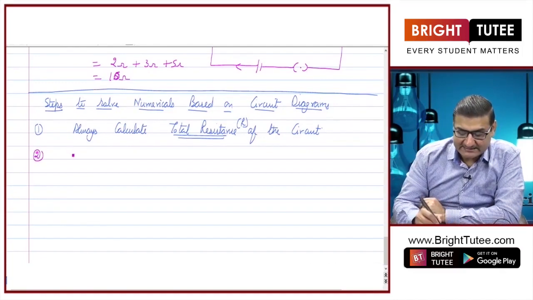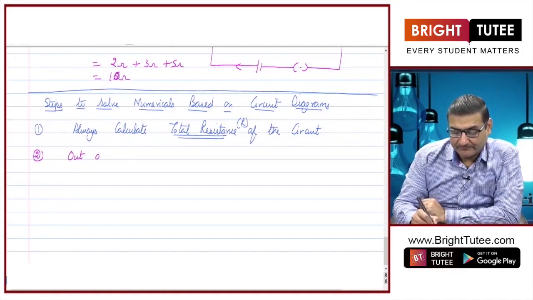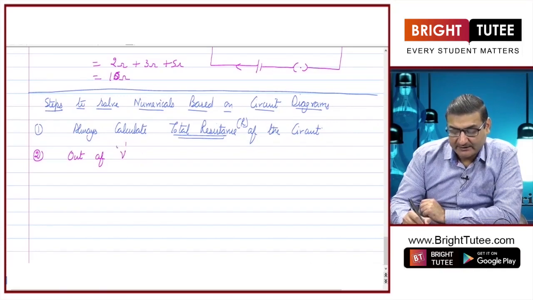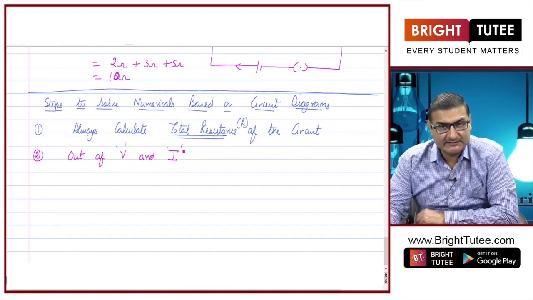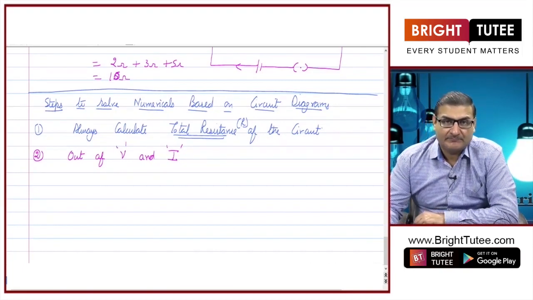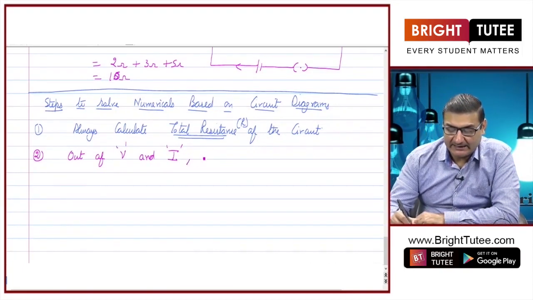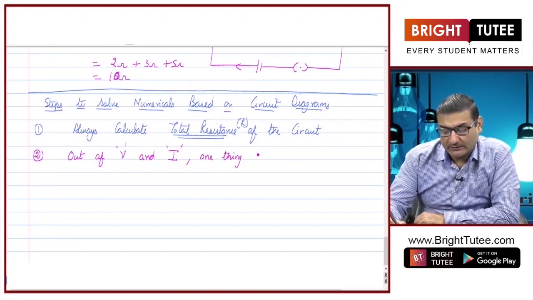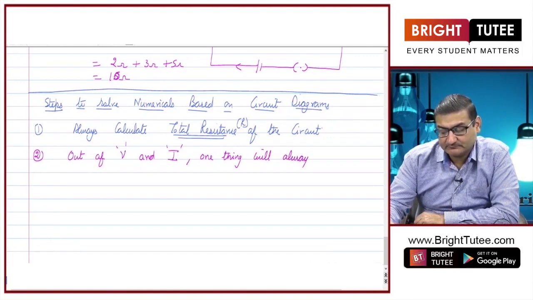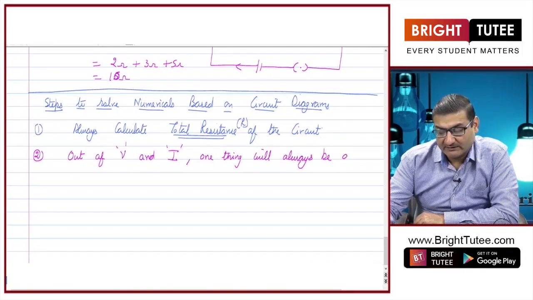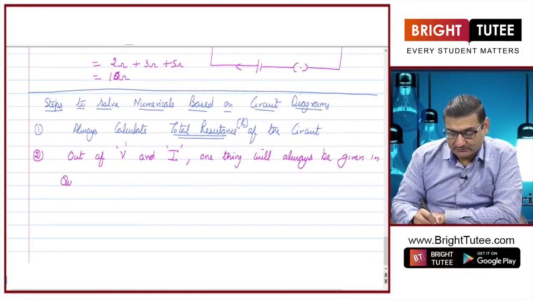Now, the second step is, out of V and I, where V is the total potential difference and I is the total current, one thing will always be given in the question.